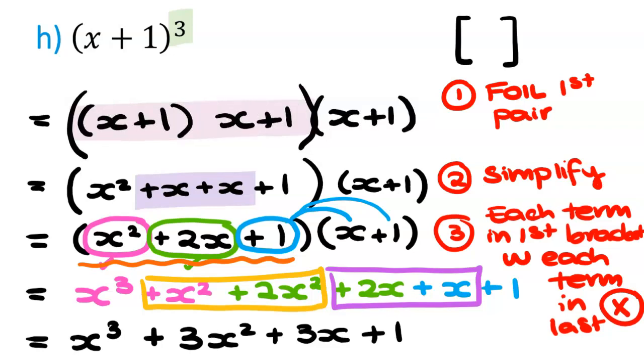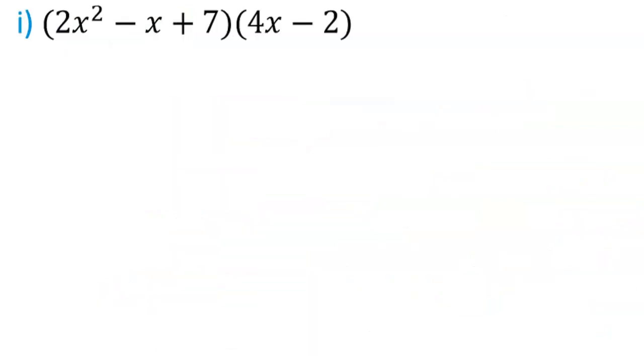Tricky question. Okay, our final example here. It looks like someone has already started this problem for us. It looks like we've already got 3 terms in this bracket here. So all we need to do is start multiplying each of the terms in this first bracket with everything in the second bracket.